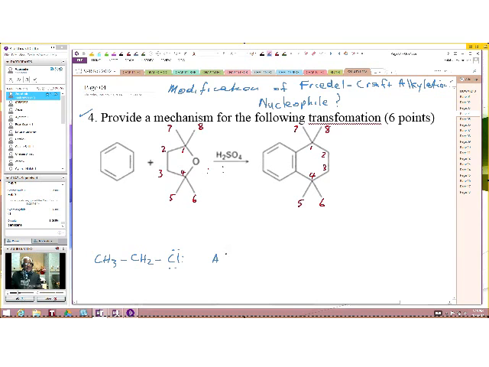And then you start with aluminum chloride. And we told you in Friedel-Crafts alkylation, the aluminum chloride is acting as a catalyst and also is a Lewis acid. So this comes here. The chlorine attacks the aluminum, and what do you get? You get this complex here.